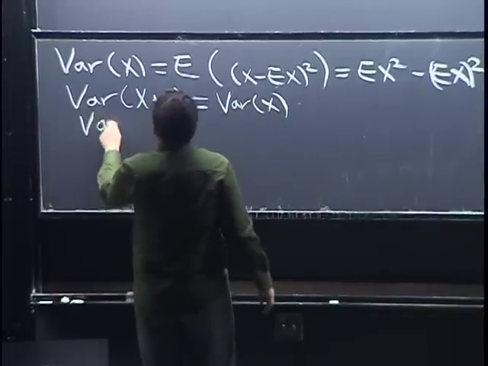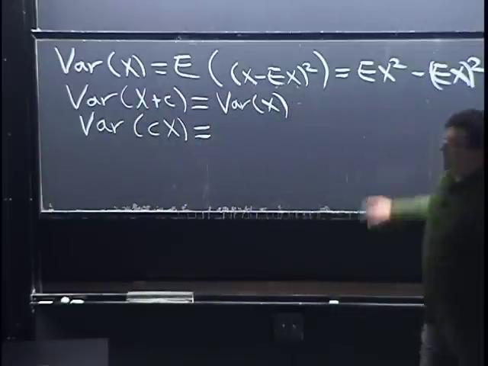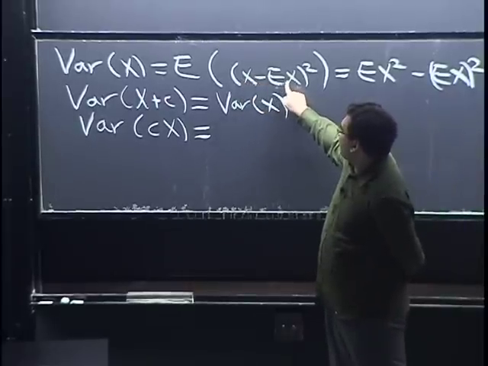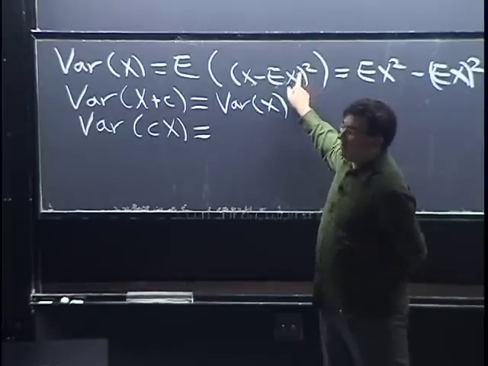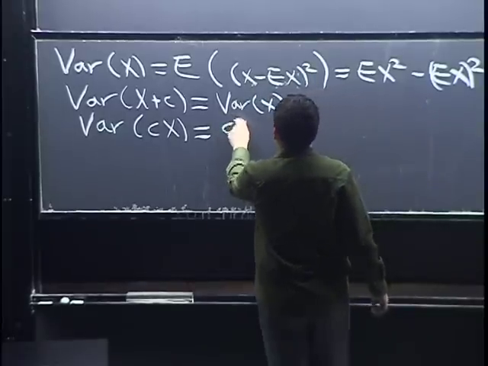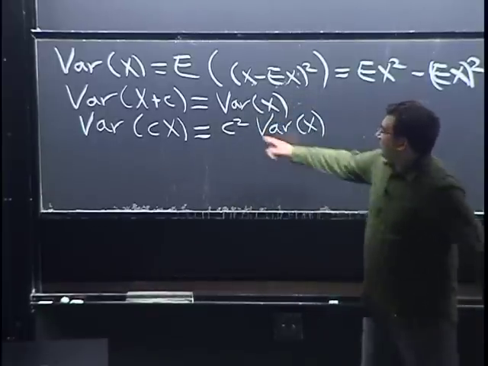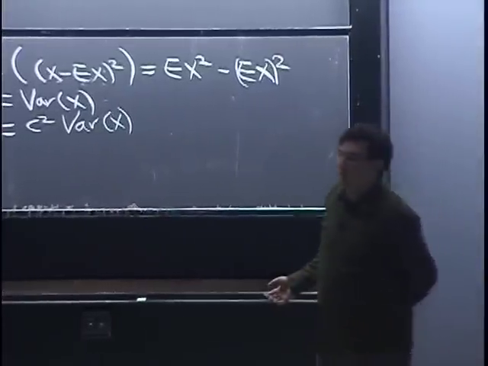Now, if we multiply by a constant, then from either of these formulas, just imagine sticking in a c. The c comes out because of linearity again, but it's squared. So the variance of c times X is c squared times the variance of X. A common mistake is to forget the square here, but that really messes things up. So variances come out with a square.